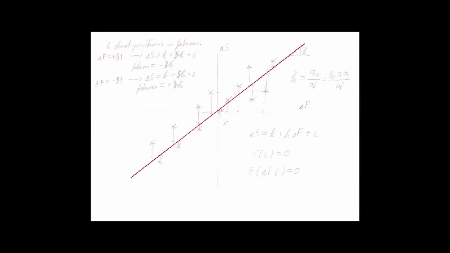And what I do now is I plug in this linear relationship which we had over here for delta S. So I have now QS, the units of assets which I have in my portfolio, times the constant K plus the slope coefficient H times the change in the futures price plus that error term epsilon. And then again, we have minus the number of short positions in the futures times units per futures contract times the change in the futures price.